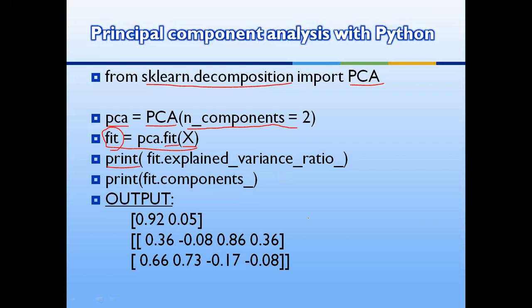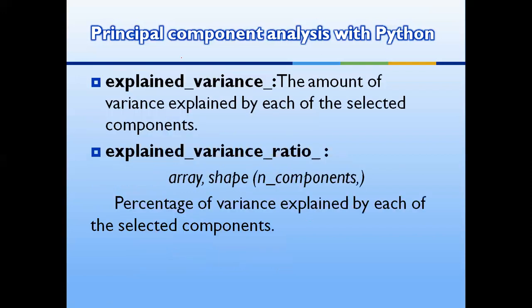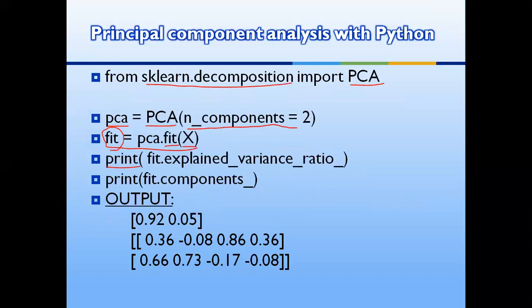This is the inbuilt parameter defined under the fit function to display the amount of variance explained by each selected component. Explained variance is the amount of variance explained by each selected component, and explained variance ratio is the percentage of this variance explained by each selected component. That we can print with the help of the print function.